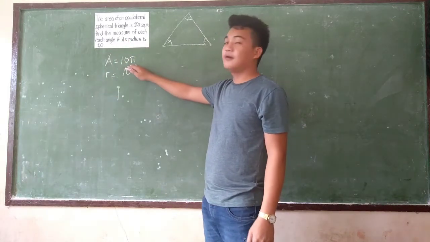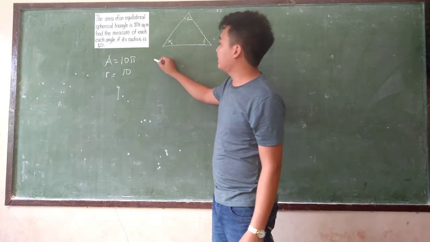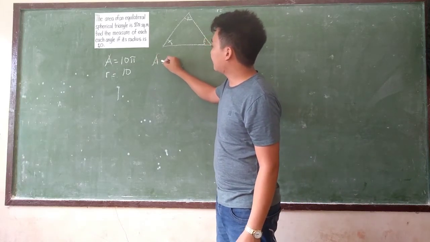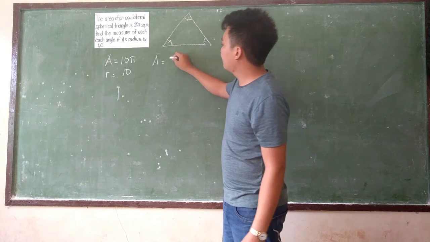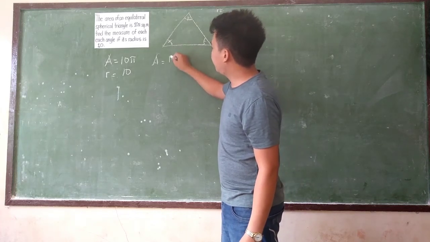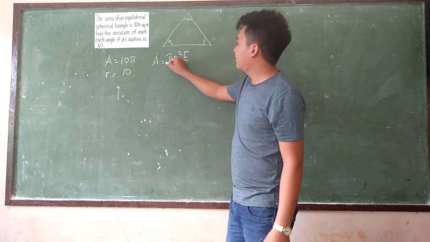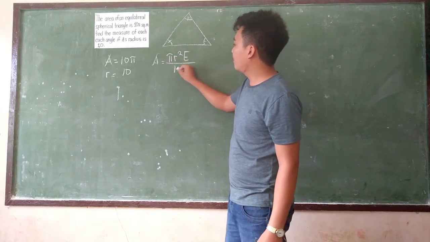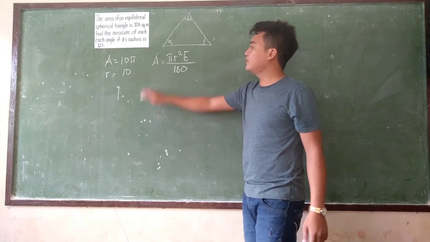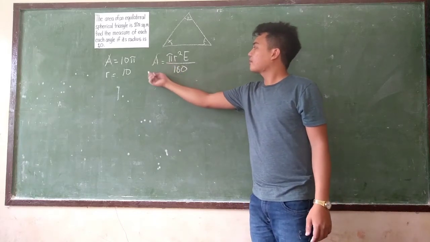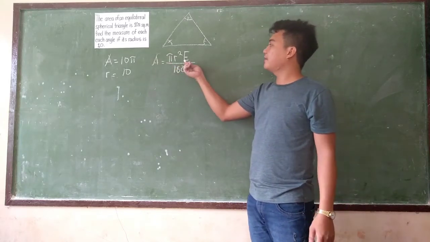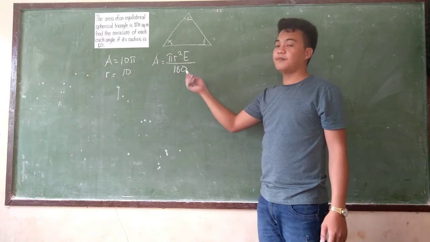So using the formula of the area, which is area equals pi R squared times E over 180. So using this formula, we can find the excess.